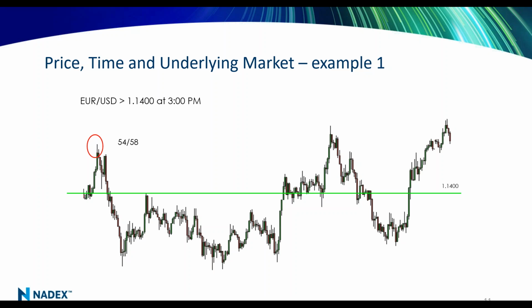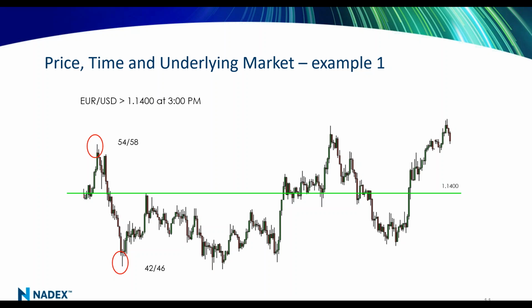Now, right after this, the price drops, and now it's below. Time has moved forward a little bit, and the price of the binary option did drop in line with the movement in the euro US dollar.